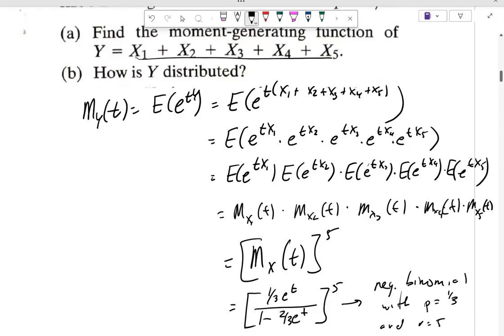Again, important part here: sum of geometrics gives you negative binomial. That's the whole point of this section, by the way, is to recognize these things. Or vice versa, I can think of a negative binomial as a sum of geometrics, no matter what negative binomial I have.